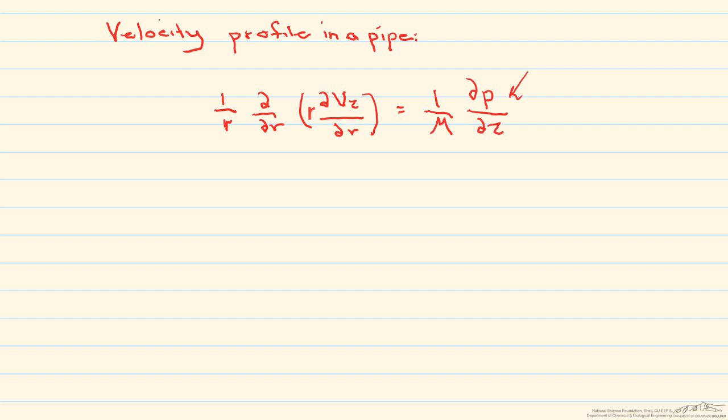So first, we multiply both sides by r. So that'll give us d/dr of r dvz/dr equals 1 over mu dp/dz times r.